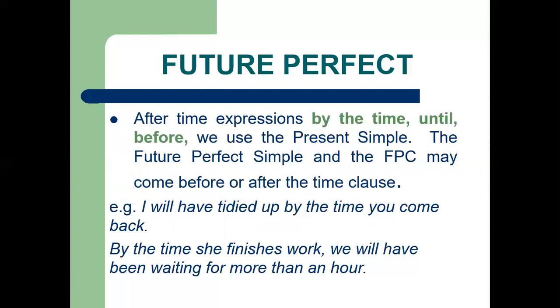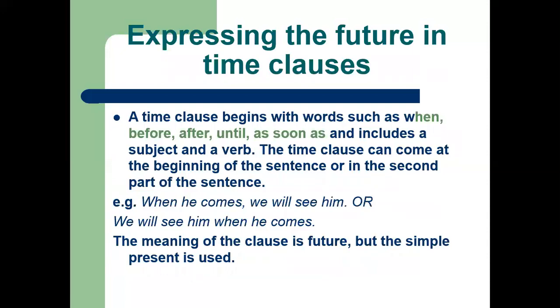This is what I said before, that the present simple should be used after by the time when you use those expressions with future reference. And this is also crucial. We will see this when we have a look at adverbial clauses.